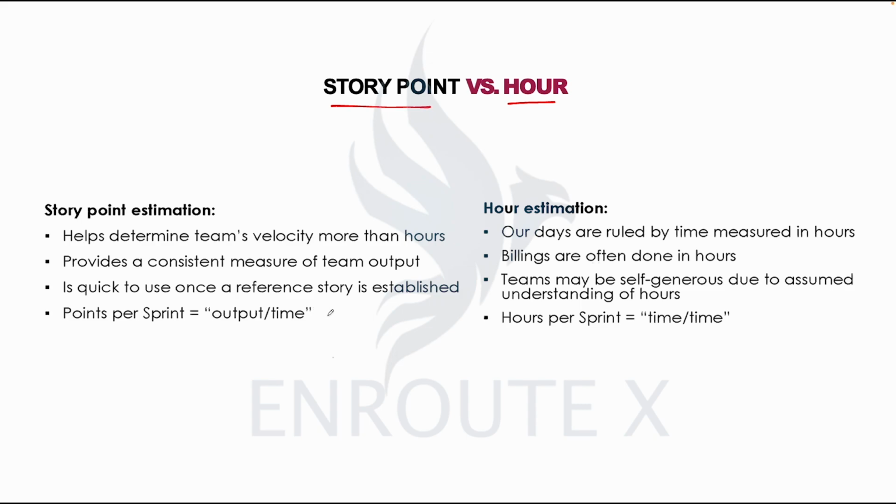It's quick to use once a reference story is established, and points per sprint. We will be looking at this more when we get to the practicals. We'll be able to expand further on it, but I won't take so much time here so that we can focus more on it.